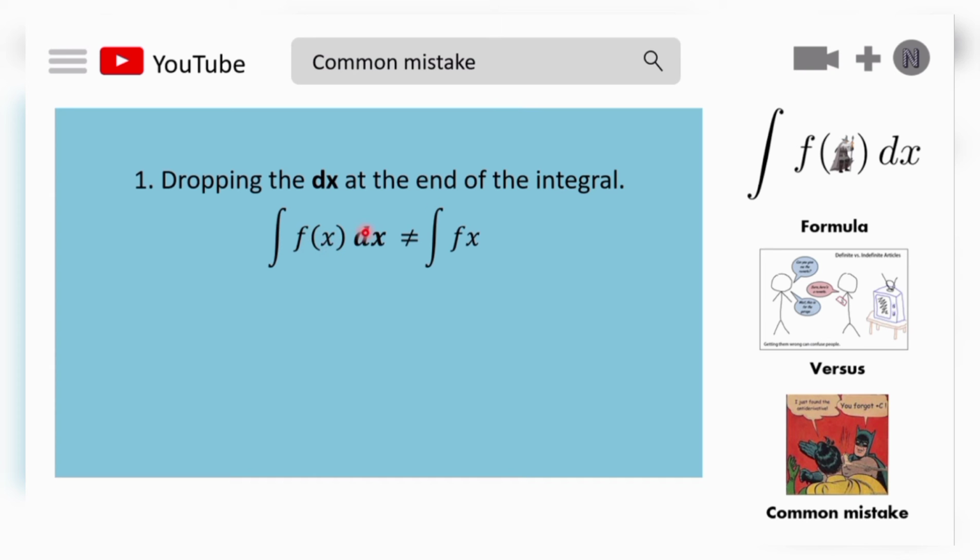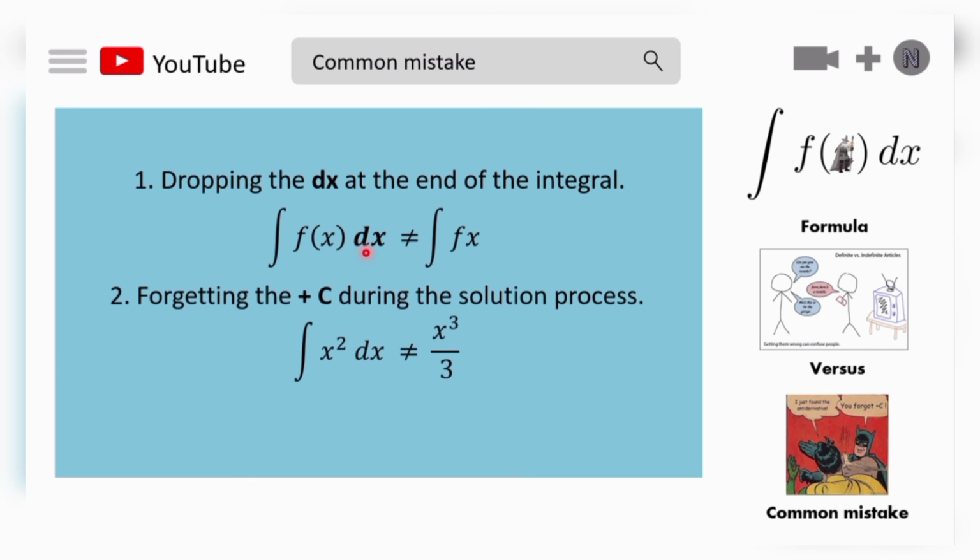The integral of f(x) dx is not equal to the integral of f(x), because the dx is the symbol of the variable of integration. Next, forgetting the plus c during the solution process.